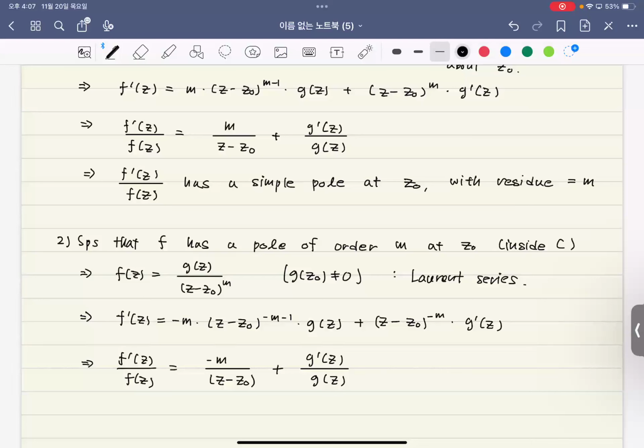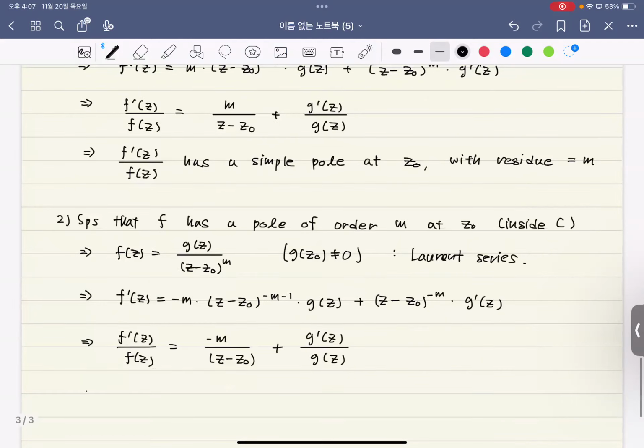In other words, this function has a simple pole at this point, whose residue this time around is not plus m, but minus m. The signs are different. So it has a simple pole at z0 with residue minus m. Okay, all right.